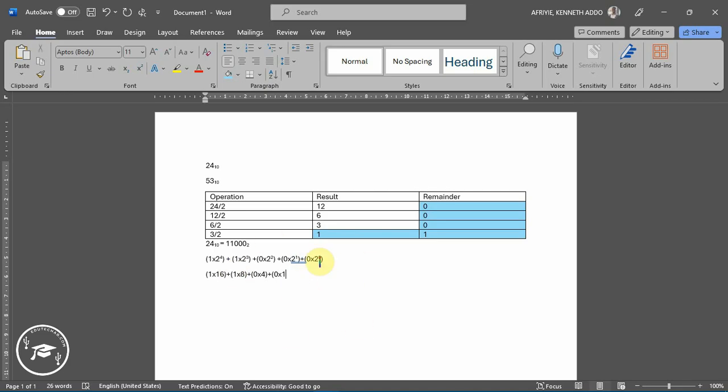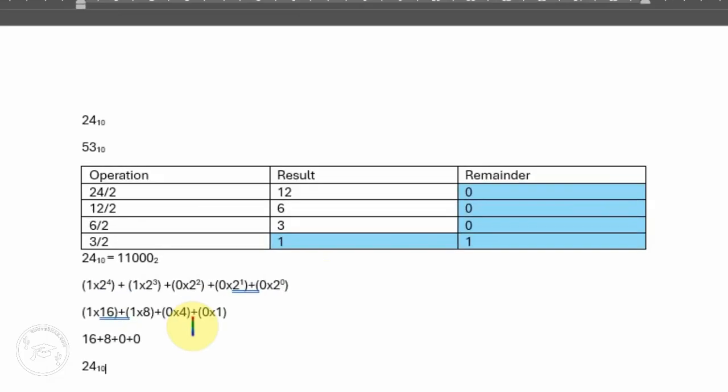Yes, so 0 times 1. Then we solve this here. So 1 times 16 we get 16, plus 1 times 8 we get 8, plus 0 times 4 we get 0, plus 0 times 1 we get 0. So what do we have here? We have 24, which is in base 10.